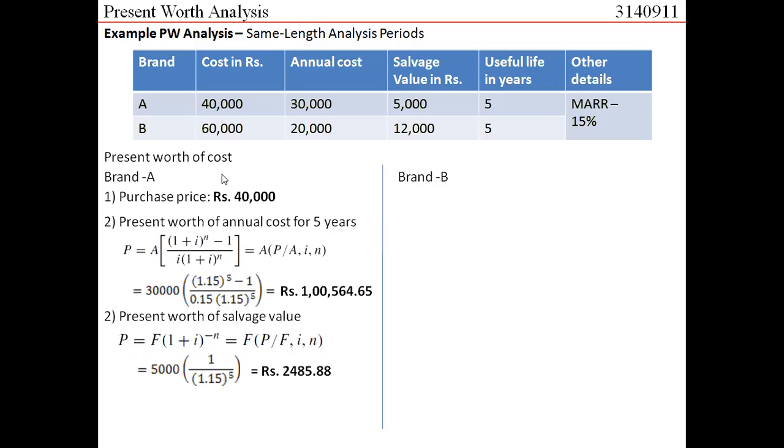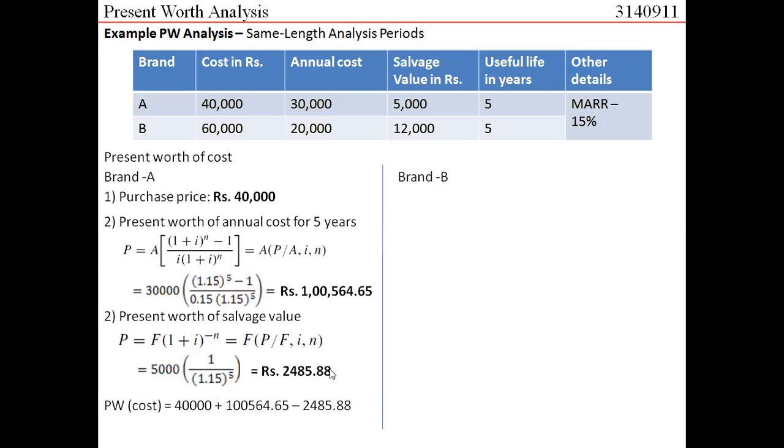So now the present investment is 40,000. The present cost of annual cash flow for the next 5 years is this, and this is something which I am going to get back at the end of 5 years. Understand that this 40,000 is what I am spending, this amount is what I am spending, and this is what I am going to get back.